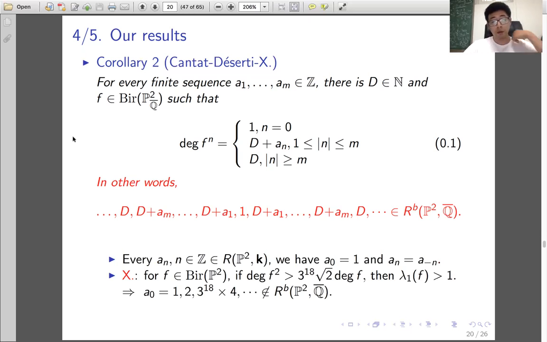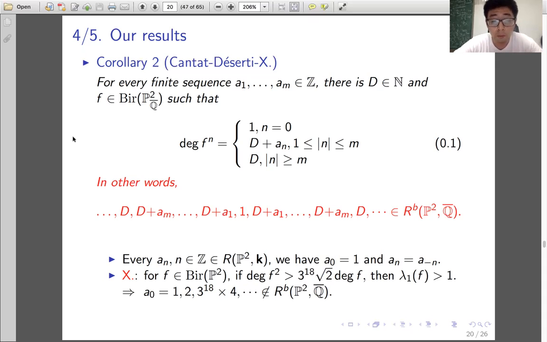Okay, so here we see that this degree sequence has some symmetry. For example, a_n equals a_{-n} and a_0 equals 1.